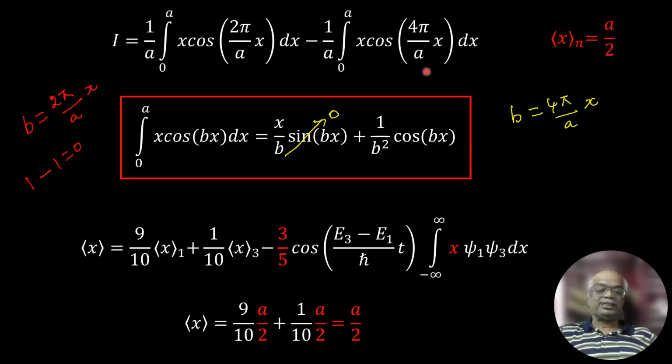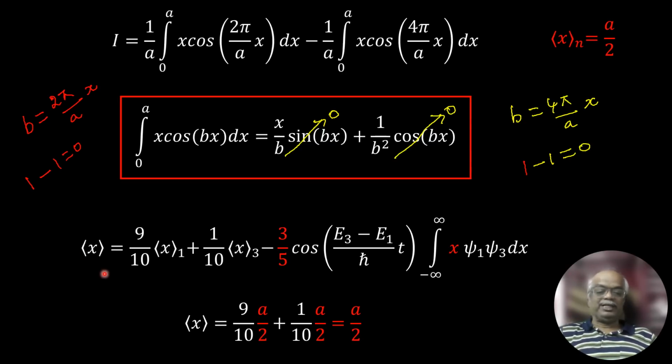What about the second one? For the upper limit, cos 4π is 1. And for the lower limit, cos 0 also equal to 1. 1 minus 1 is equal to 0. So in both cases, this term will be 0. So naturally the entire integral is 0.